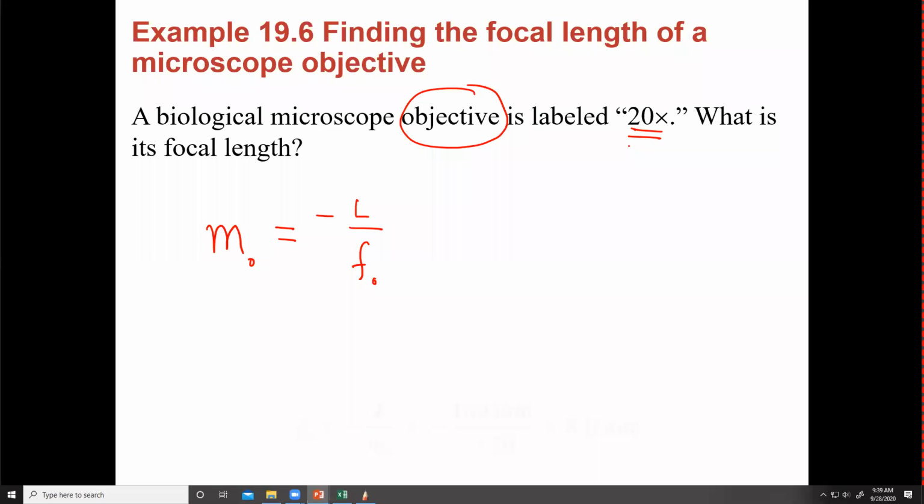Then L would be the tube length. Generally, the tube length is not given here, but the standard tube length is about 160 millimeters. So that's the standard tube length.